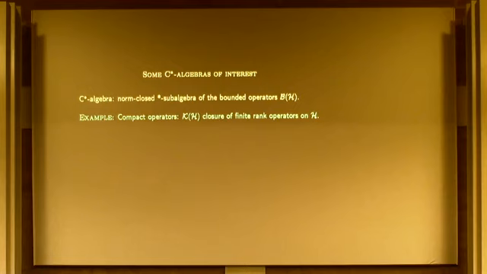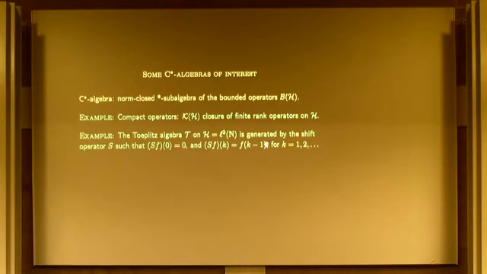Examples, important examples for this: the compact operators, the closure of the finite rank operators on the Hilbert space, and the Toeplitz algebra, which I think we had last week.